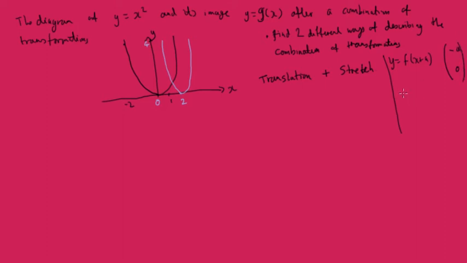And for the stretch, we have y equals f of a x with a stretch factor of 1 over a. Now, let us think about the translation first. So it's moving along the x-axis in this direction.